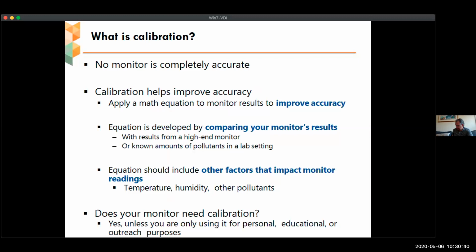The equation should also include other factors that impact monitor readings, such as the temperature, humidity, and other pollutants. And again, you should think about your project goals when it comes to the data quality, whether the quality needs to be really high or lower.